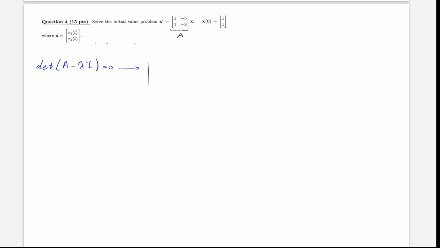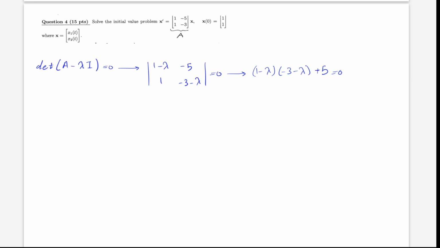From here we have (1 minus lambda) times (minus 3 minus lambda) plus 5 equal to 0.